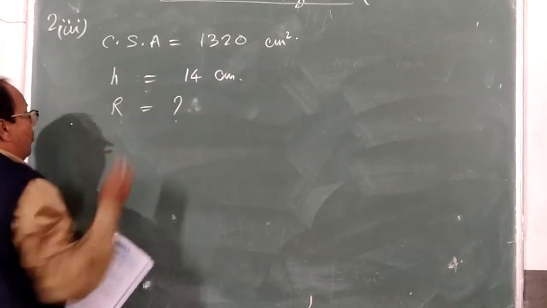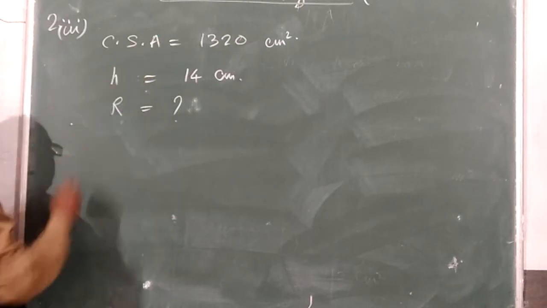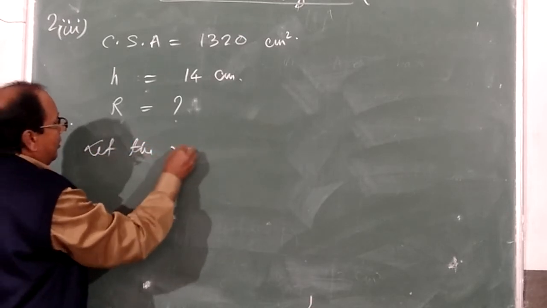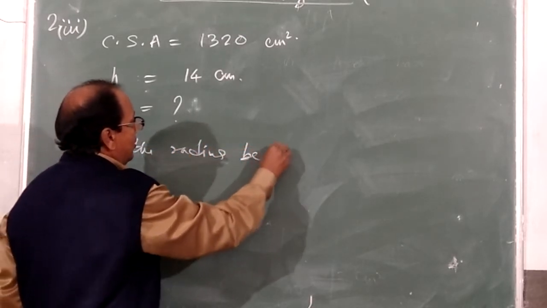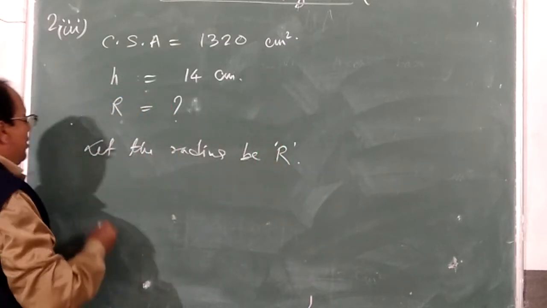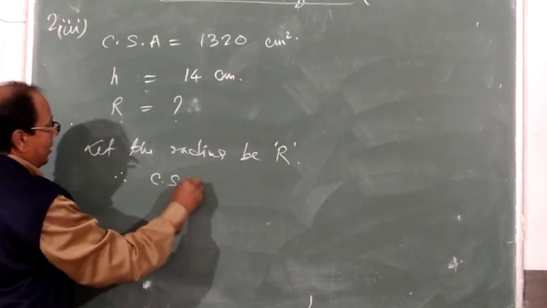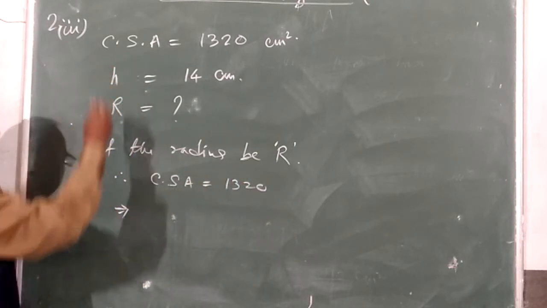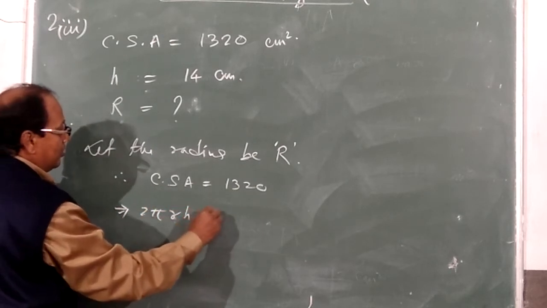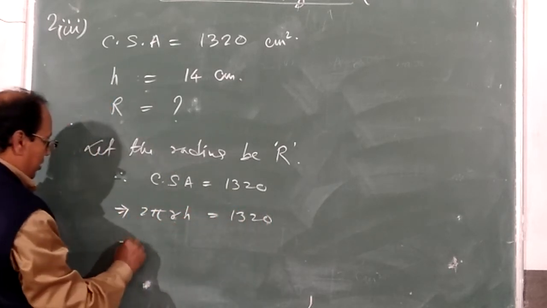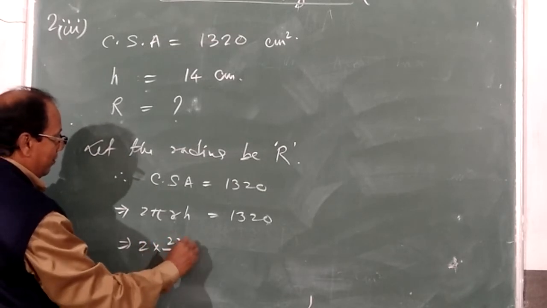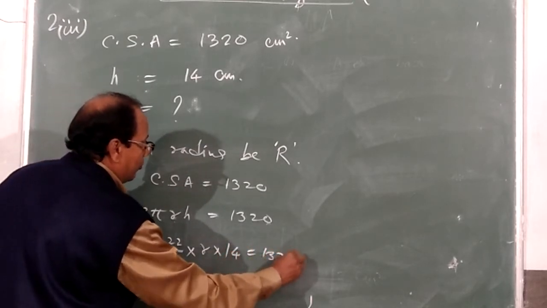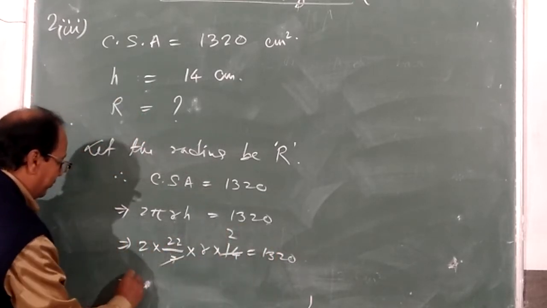Unknown. So we have to use the formula of CSA. Let the radius be r. So you write let the radius be, here we have taken capital R. Therefore CSA is equal to 1320. Use the formula of CSA. 2 pi r h equals 1320. 2 into 22 upon 7 into radius unknown, height is given here 14, is equal to 1320. 7 2s are 14.